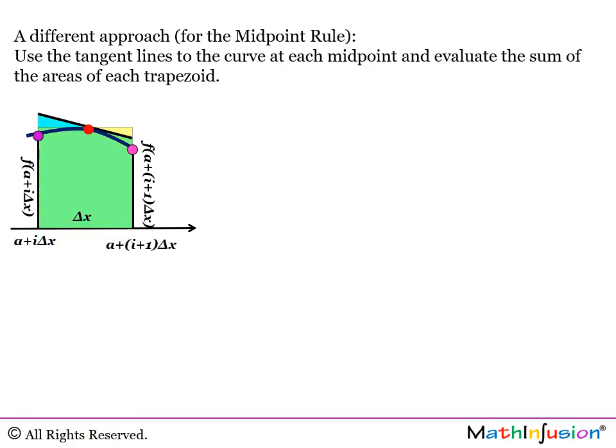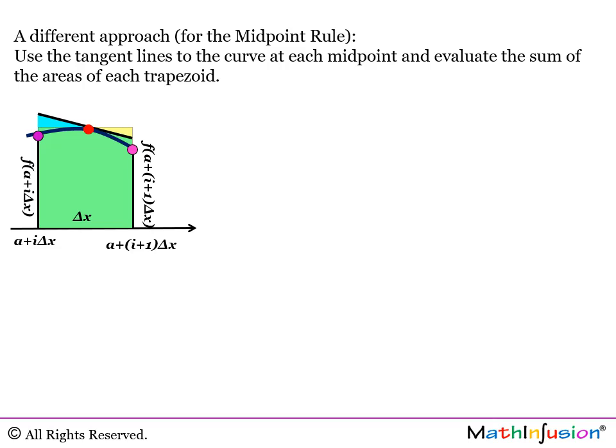You can observe that the two little triangles, the blue and the yellow, are exactly the same. It's easy to see because both of them are right triangles, both of them have exactly the same angles, and both of them have the same length of all three sides, because I would recall that the red dot is the midpoint. It means that the two triangles have exactly the same area.